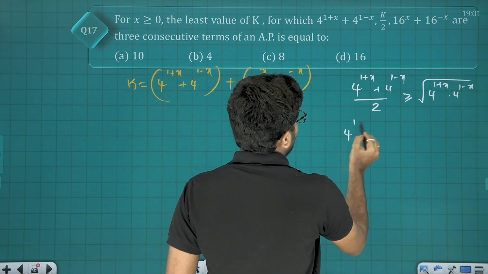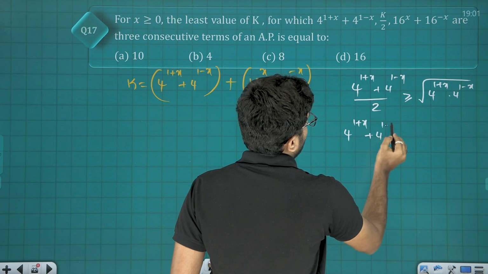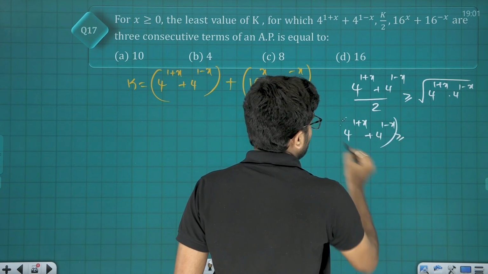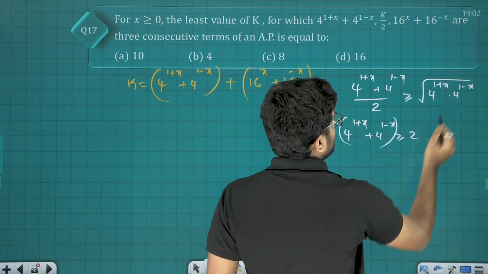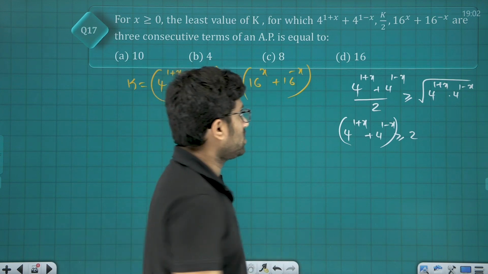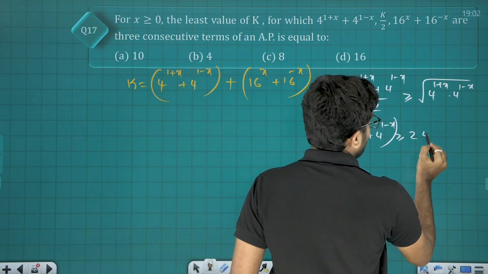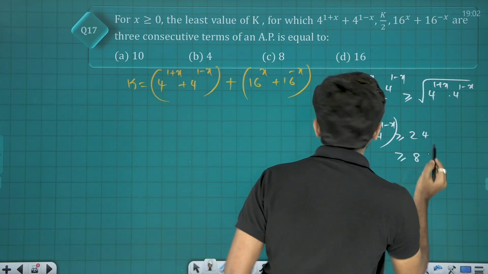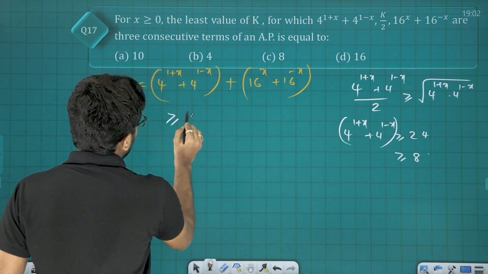So 4 power 1 plus x plus 4 power 1 minus x is greater than or equal to 2 times root 16, which is 4. This is nothing but greater than or equal to 8. So this expression is always greater than or equal to 8.